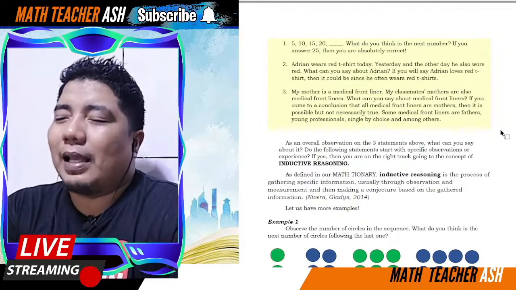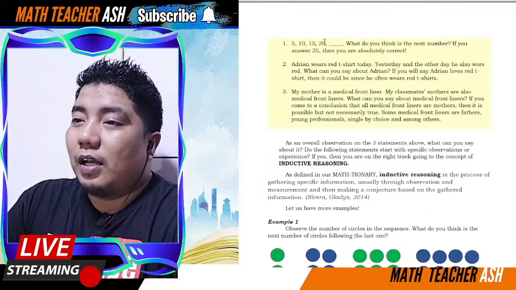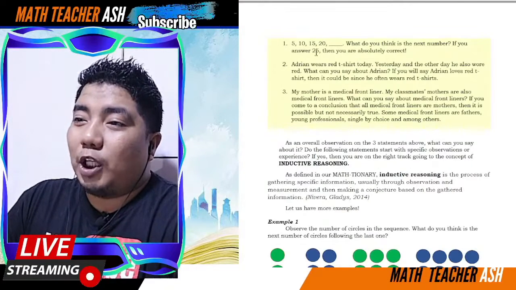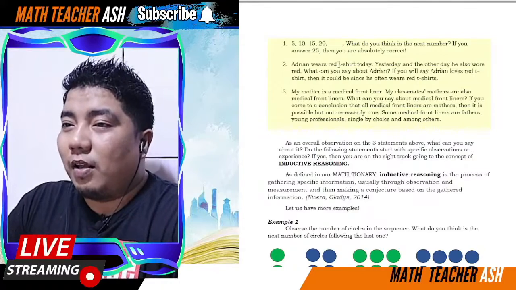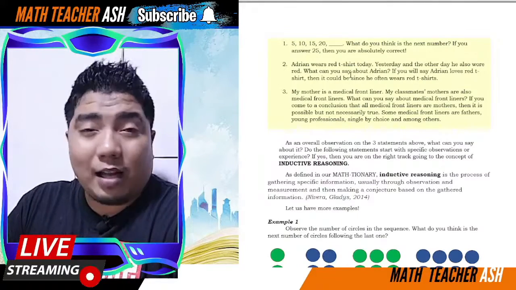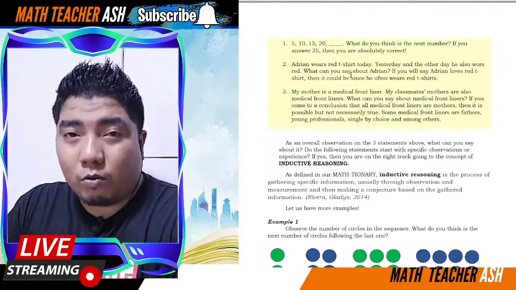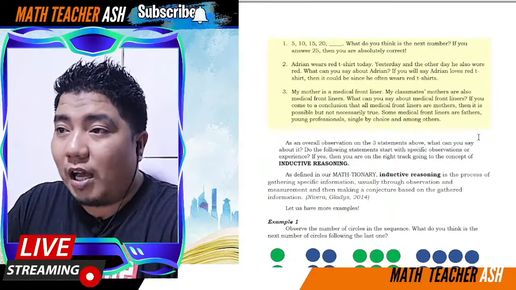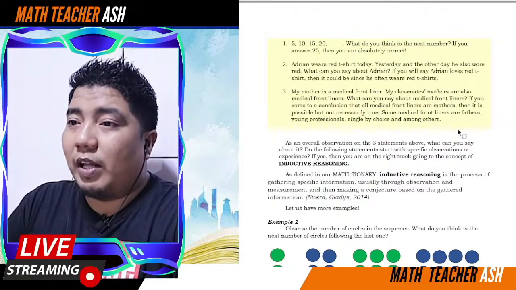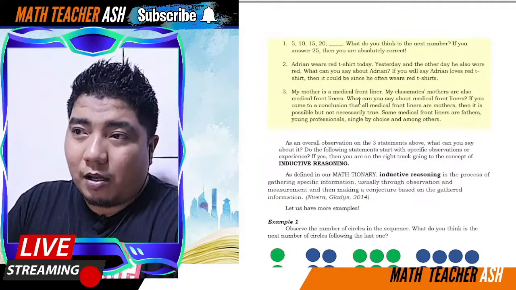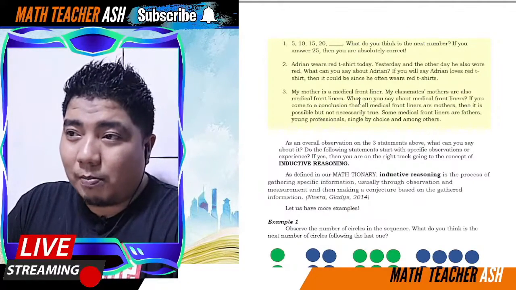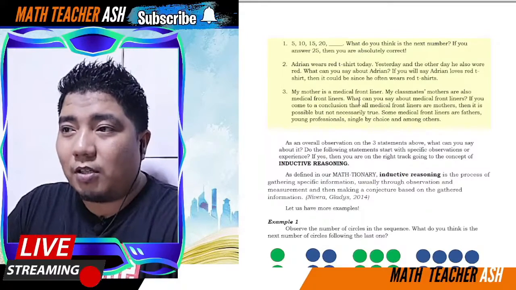Okay, so bakit inductive ito? Because we started with the information given and then we made our conclusion. So ito naman, nagsimula tayo kay Adrian na laging nagsusuot ng red t-shirt. Then nakakonclude tayo na favorite color niya ang red t-shirt. So si mother naman, yung frontliner yung mother ng isang bata, tapos yung mga classmate niya, yung mga mother nila frontliner din.